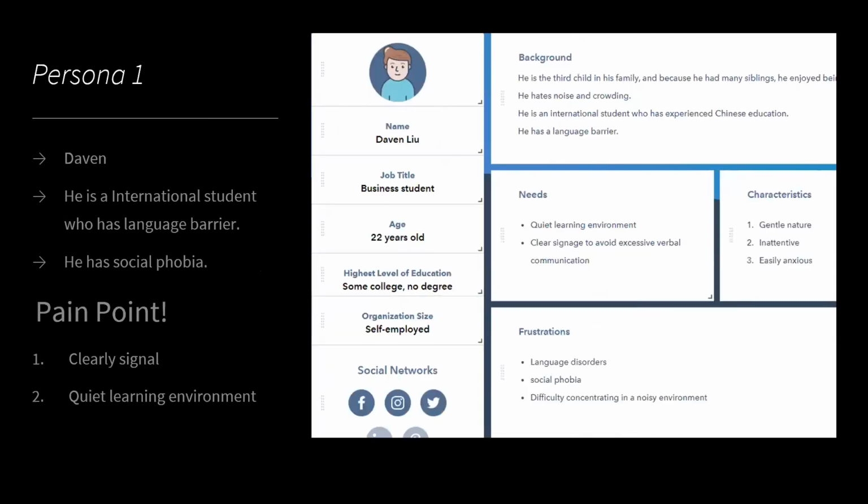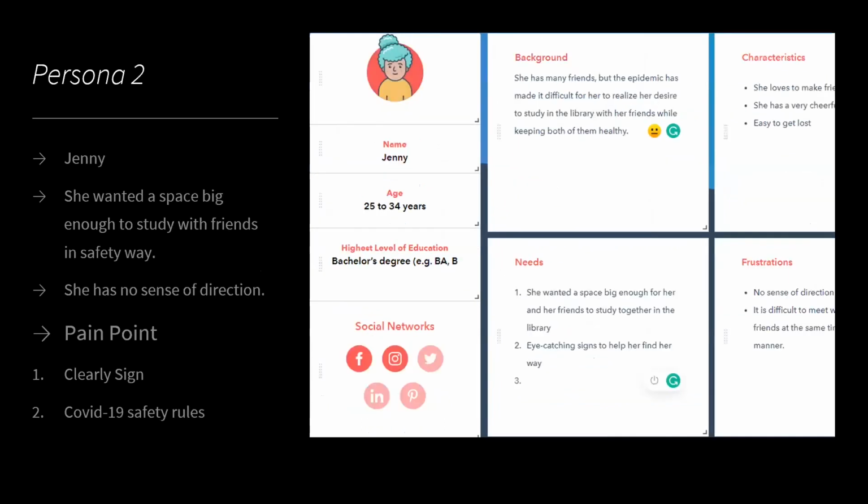And then this is my persona. He is Devon. He is an international student who has a language barrier and social phobia. His pain point is that he needs a clear signal and a quiet learning environment. And this is my persona too.